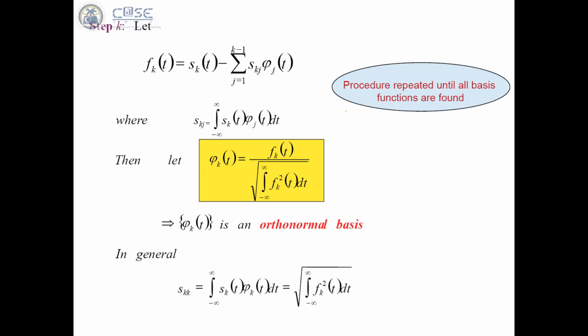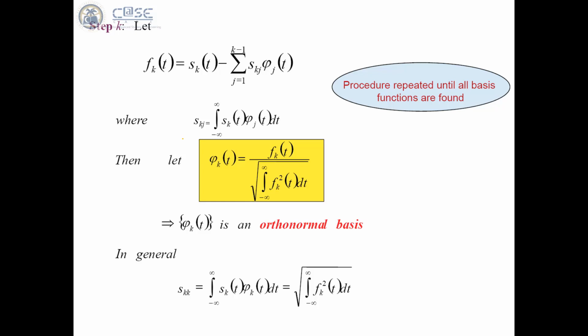That is, when you have fk of t in one of the steps equivalent to 0, you will stop the process. And if you have tried and tested all the possibilities that are remaining in the signal set, then you stop the process there, and whatever basis functions you have calculated in the previous steps will be your finalized set of basis functions.